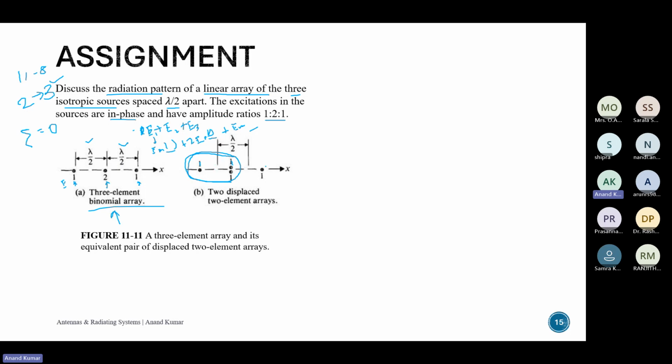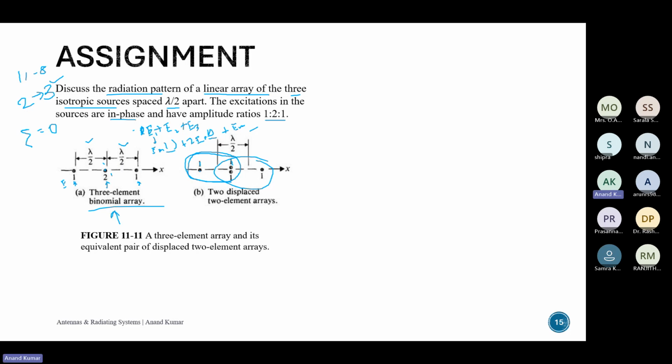And what we can do now is split this particular element into two elements having one and one magnitude at the same point. So this pair and this pair are actually cascaded arrays. We can consider them as an array of arrays, if you follow.